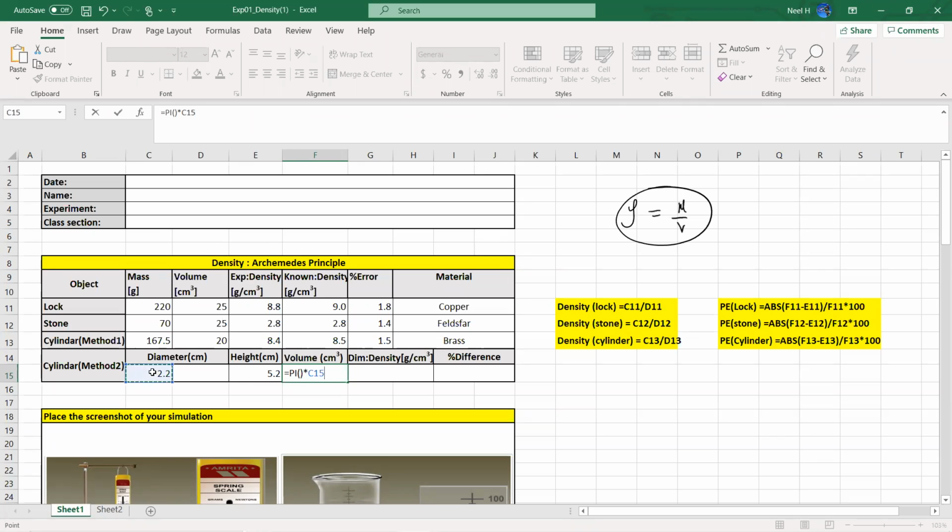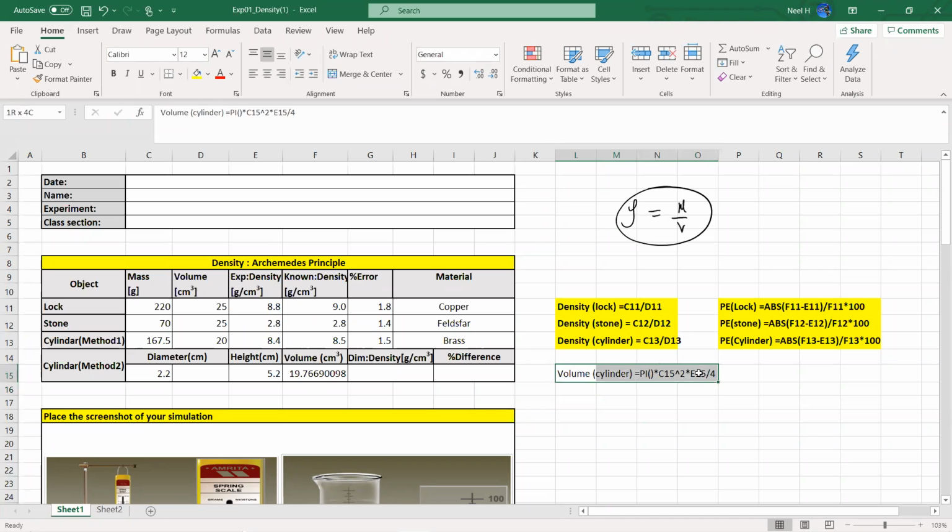Power is Shift and number 6. That hat is the power sign for Excel. Number 2. Multiply by the height. Divide by 4. Let me copy paste that command also here. This is the volume for the cylinder, okay, with the dimensions.